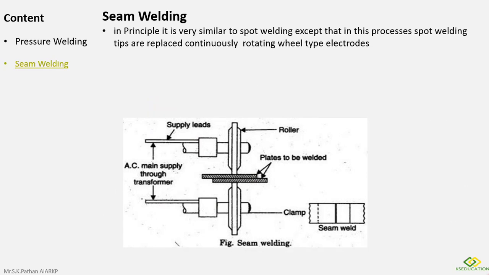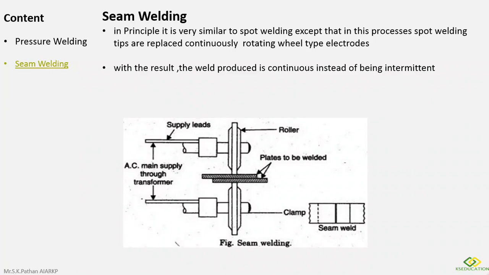In principle, it is very similar to spot welding, except that in this process the spot welding tips are replaced by continuously rotating wheel type electrodes. Meaning instead of the conical electrode in spot welding, here there is a roller electrode.